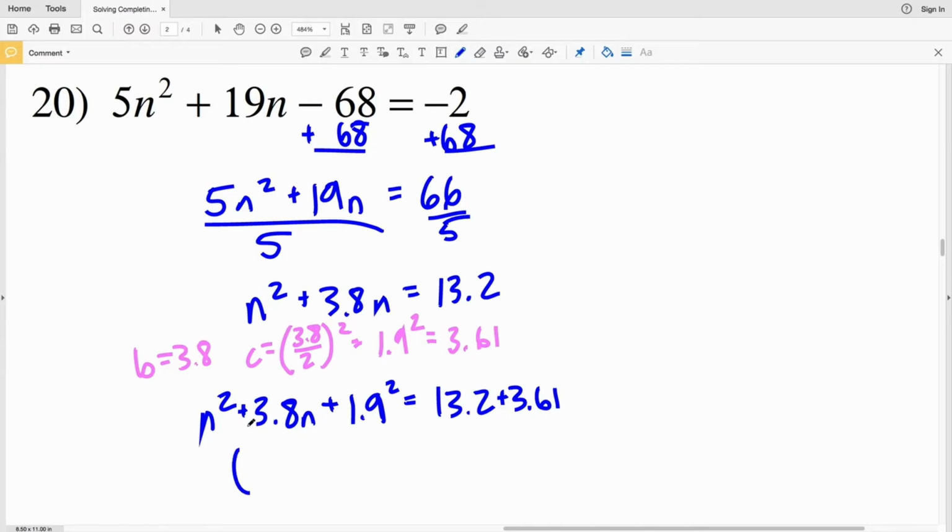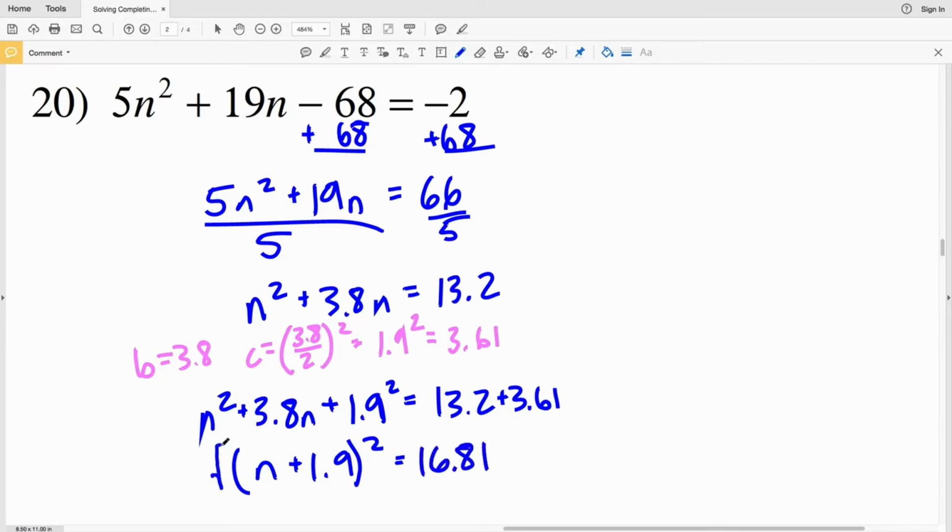Now, since this is n squared plus 2ab plus b squared, I can just write n plus 1.9 and that entire quantity squared. I also could have written 3.61 as 1.9 squared, but since I'm adding it to 13.2, ultimately, in the end, it doesn't matter how you write the numbers, just know that they're equivalent. So 13.2 plus 3.61 equals 16.81.